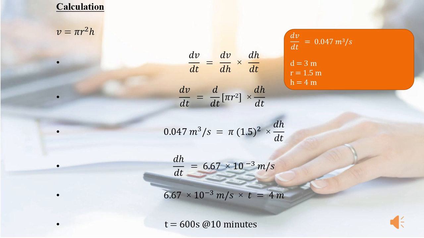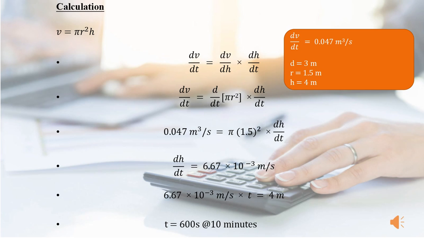So we calculate it and we get dH over dt equal to 0.0667. So that is the answer for dH over dt.